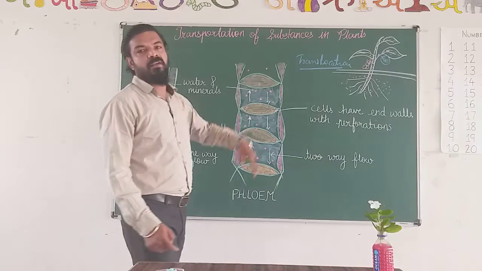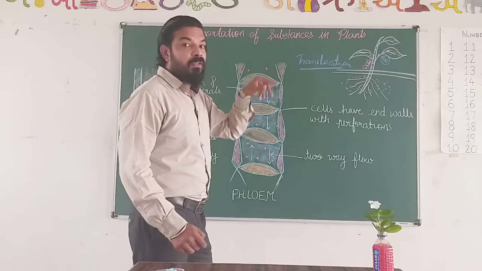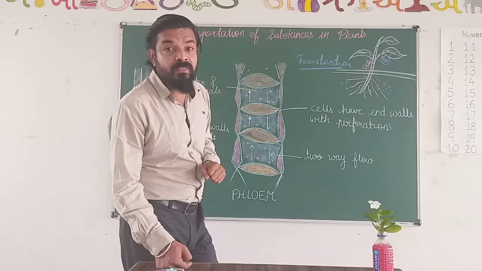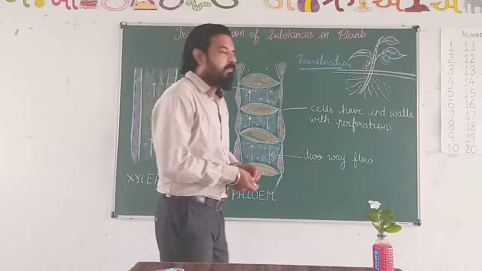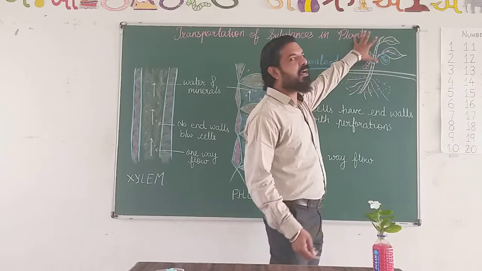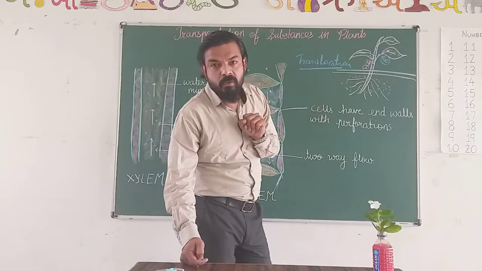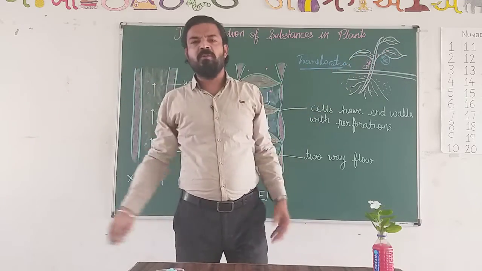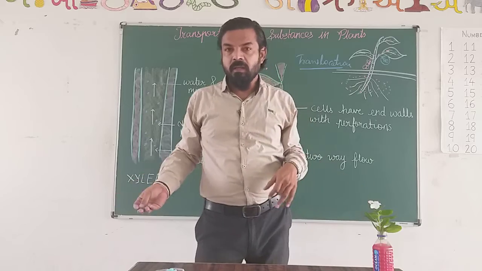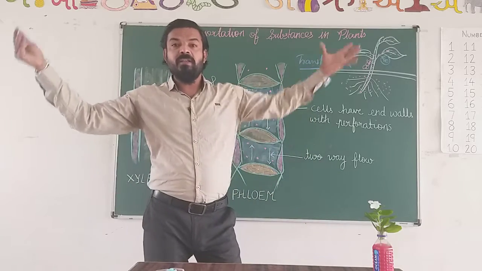But what happens in the phloem? It is two-way. Now why is it two-way? That's a question. Because see, this is the entire part of the plant. Okay. Suppose it is a big tree, an apple tree, suppose it's a big tree. Okay. Suppose a mango tree, it's a big tree, isn't it?